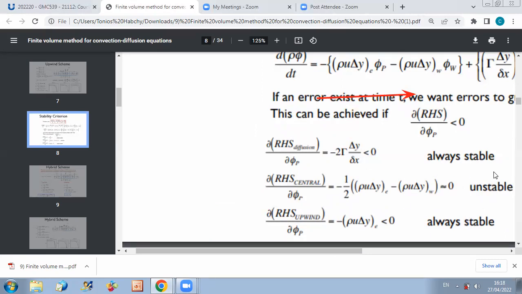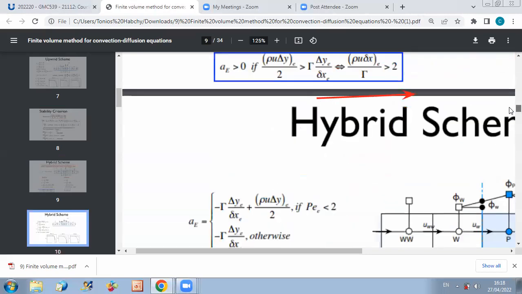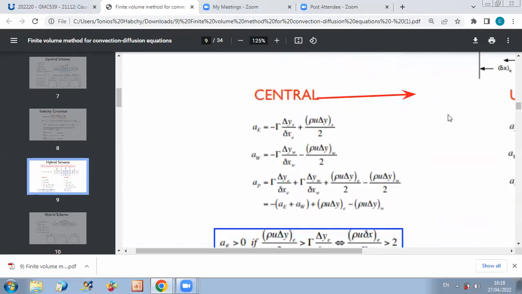So our coefficient should be negative. Now, if you look at this expression, the coefficient A east is equal to minus tau delta y over delta x plus rho U delta y east over 2. To have a stable solution, this term should be negative.